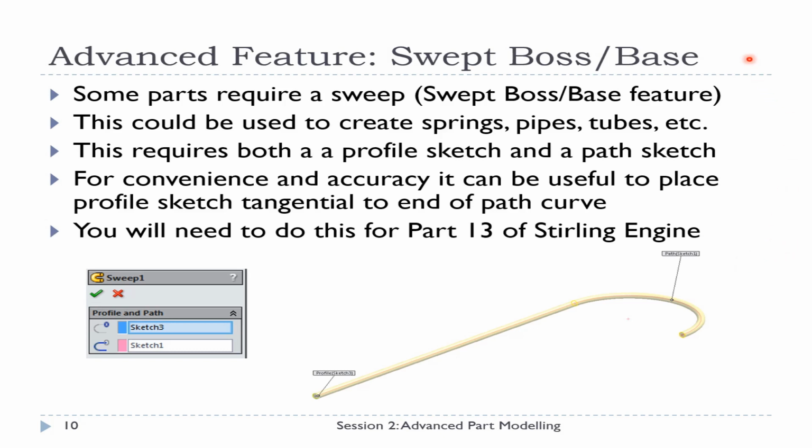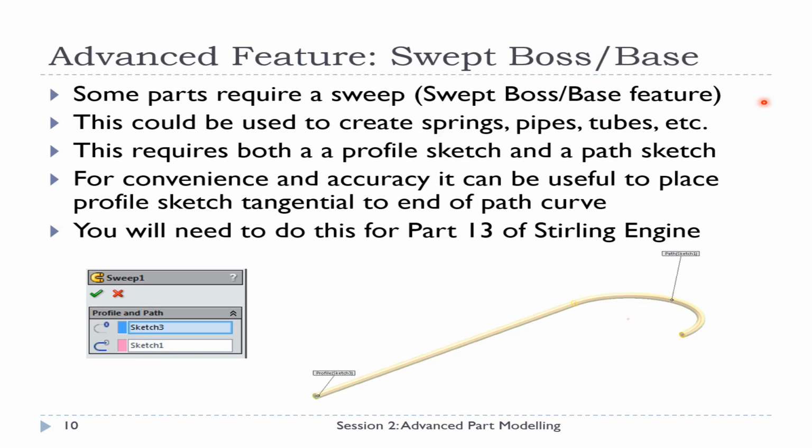So the second feature that we are going to be discussing today is the swept boss or base feature. In the last session, or in the first session, we talked about the main feature types in SolidWorks, and we used some of them in the first session.